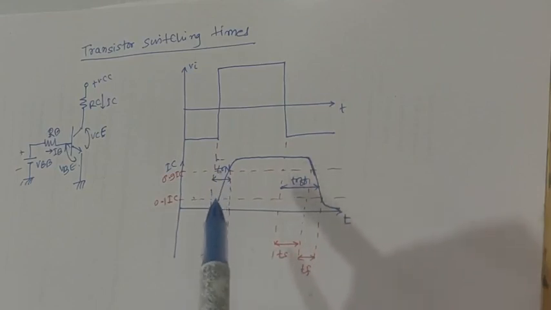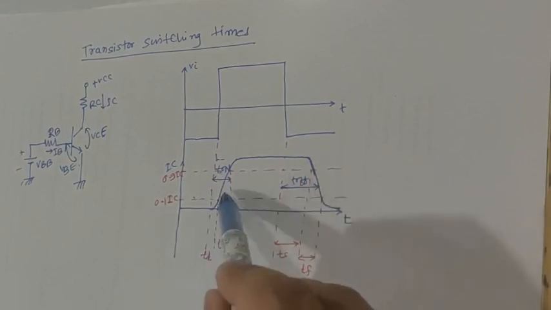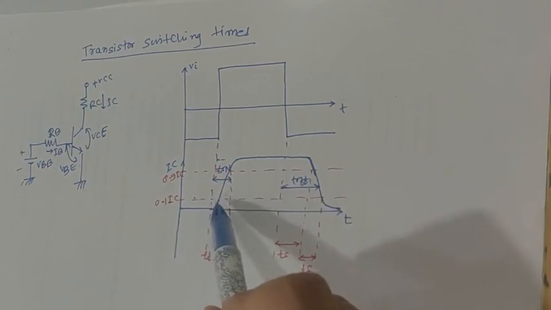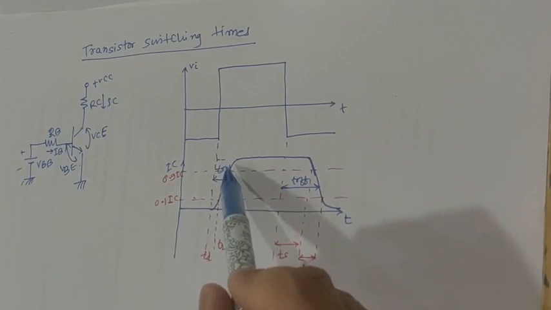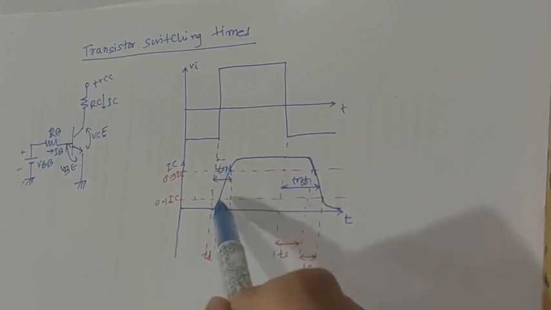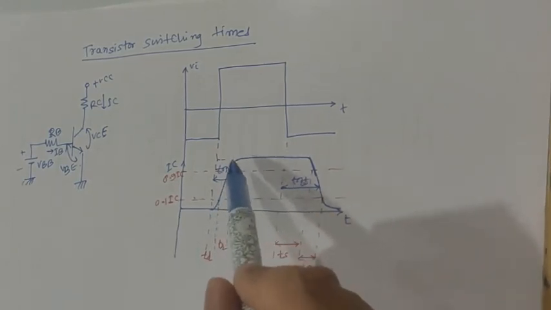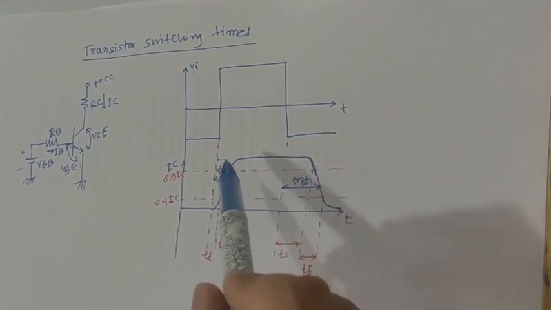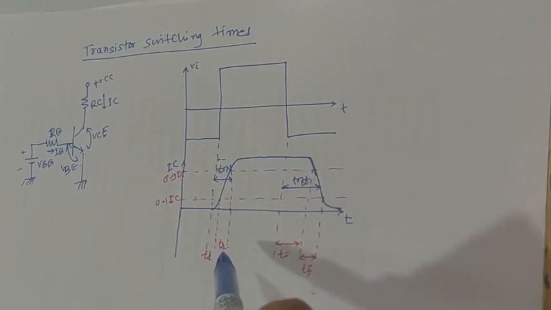Now after delay time there is the rise time. What is the meaning of rise time? It is the time when the collector current goes from 10% of the maximum value to 90% of its maximum value. The collector current is rising and reaching its maximum value. So the time between 10% of the maximum value and 90% of the maximum value is called the rise time.